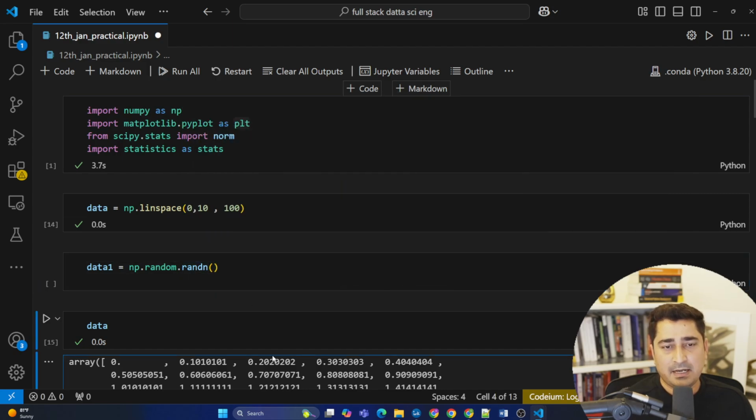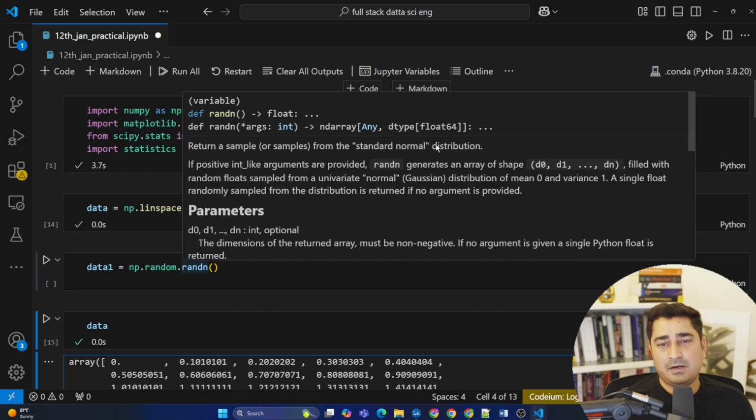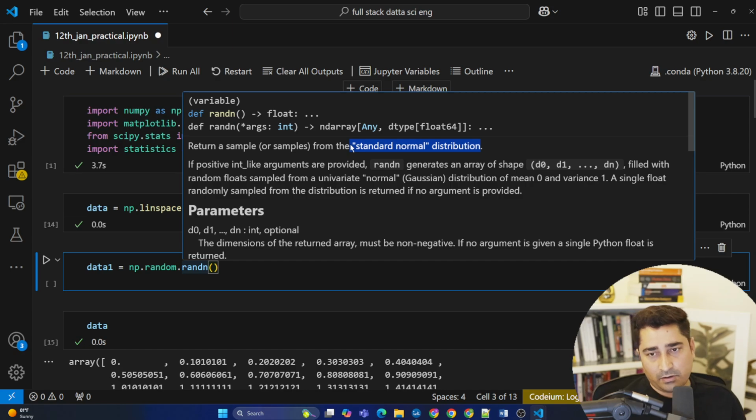Now if you try to see the definition of the randn function, you will find that it always tries to produce data from the standard normal distribution. This is what the documentation says. So whatever data it produces randomly will be on a standard normal distribution.